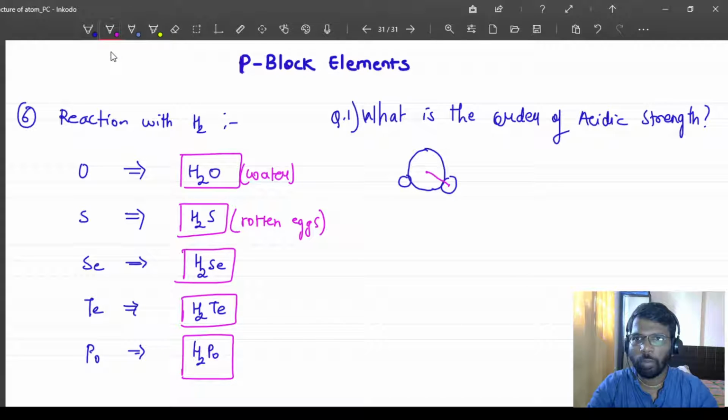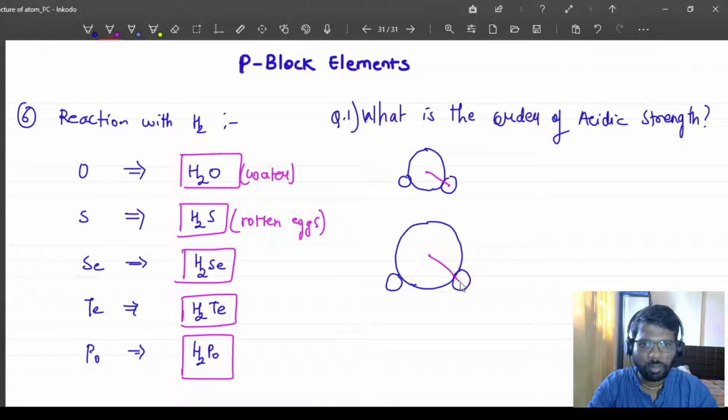Then if I talk about sulfur, as we go down the group, the size increases, isn't it? Let's say this is the size of the sulfur, and the hydrogen size is the same, it is not going to change. This is the bond length, the distance between the nuclei. So this is the compound I can represent as H2S, and this is H2O.